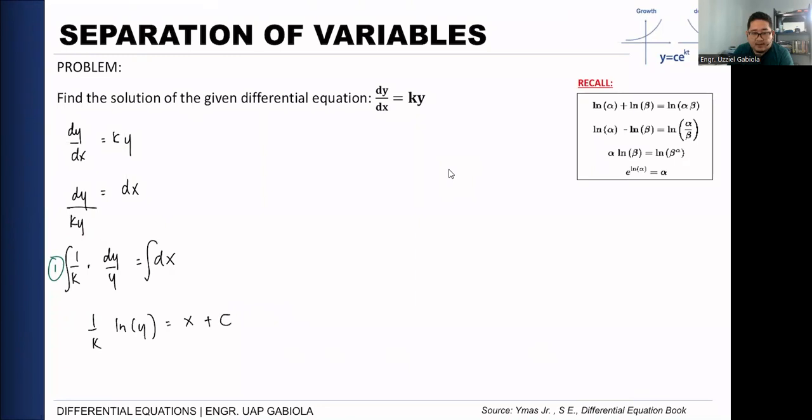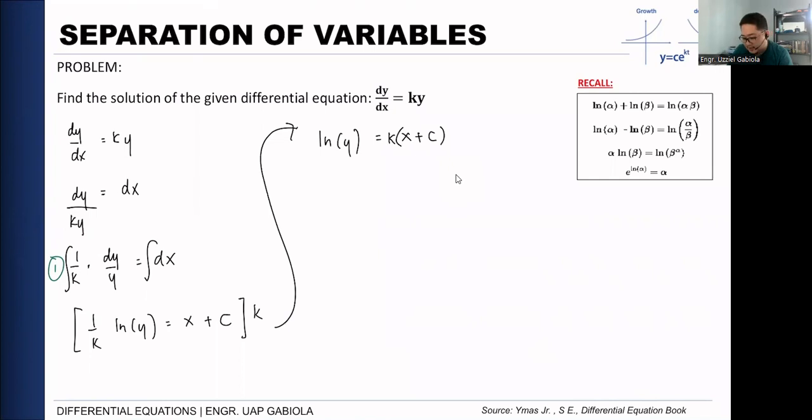Okay? And to simplify, we can multiply both sides of the equation by k. So this will be ln y is equal to (x plus c) times k. Okay?